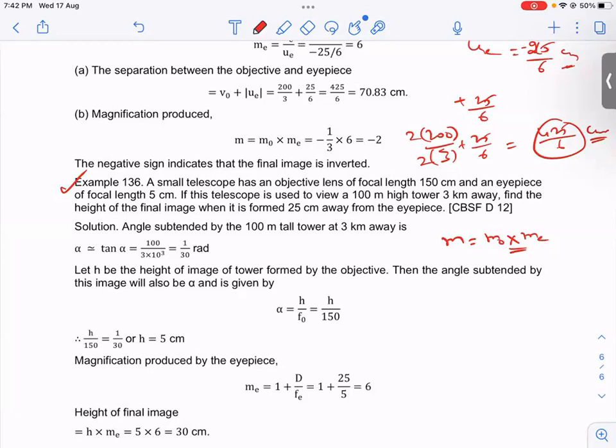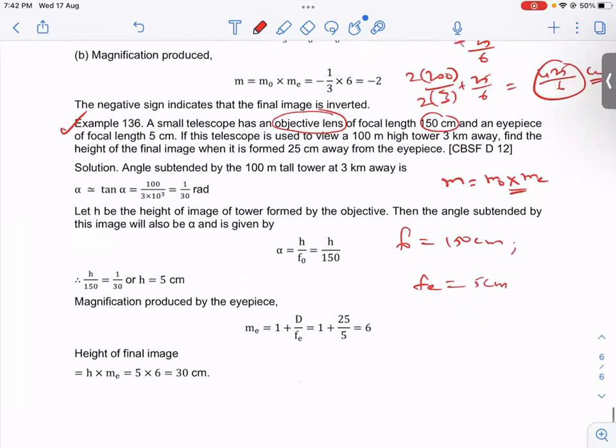So we'll do one last problem. Actually, with this, the chapter is over. So read the question and try to do it. The small telescope has an objective of focal length 150 centimeter. So f naught is 150 centimeter and eyepiece of focal length 5 centimeter.